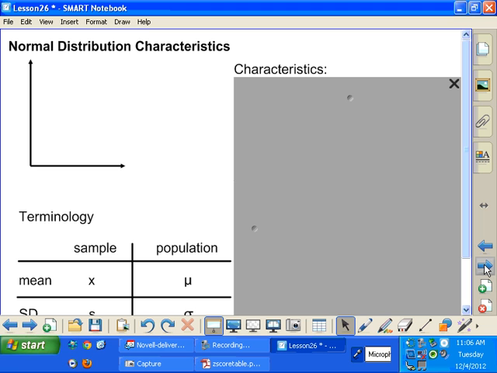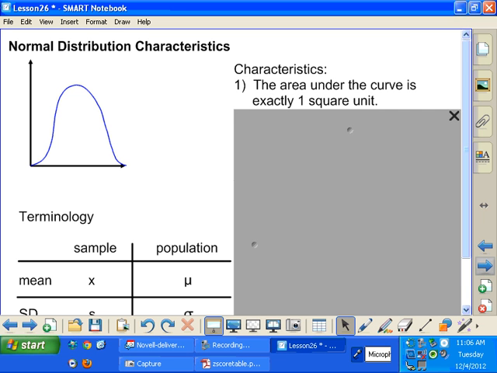So normal distribution characteristics. So I'll give myself another normal curve here. And the characteristics are listed to your right. So the first one, the area under the curve is 1 square unit. Okay?